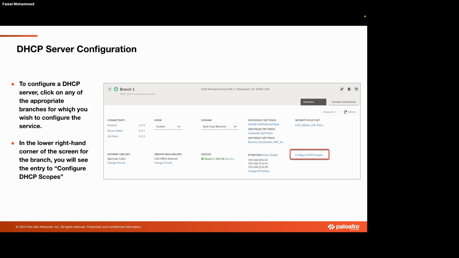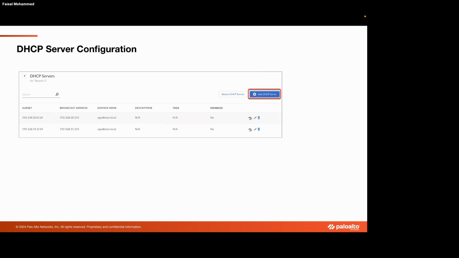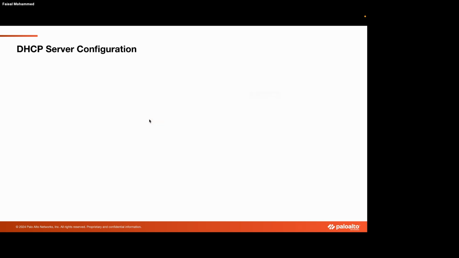To configure it, we select the branch, go into the configuration and click on Configure DHCP Scopes. Once you click on it, you would see a menu like this where you can add your DHCP server, create your subnet, your broadcast address, your domain name, your description, your tag, and apply it on the particular branch.